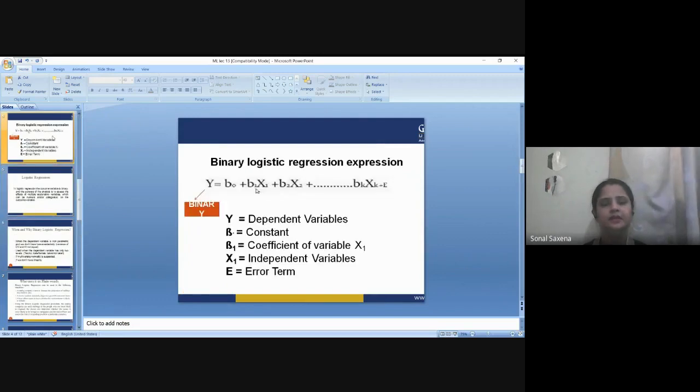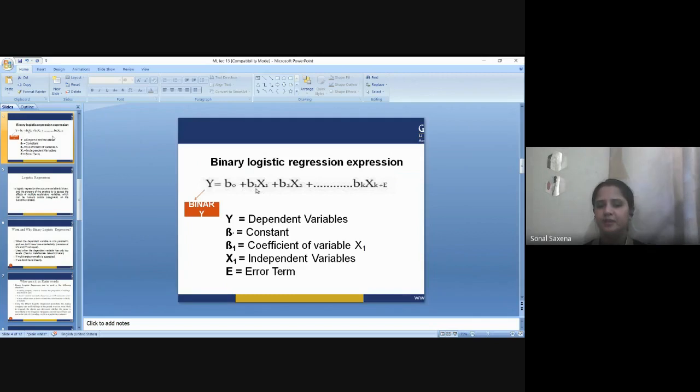Now, understanding the expression for binary logistic regression. It is given by y equals b0 plus b1 x1 plus b2 x2, like this till bn xn. Because we are looking at binary logistic regression, we have only two choices.